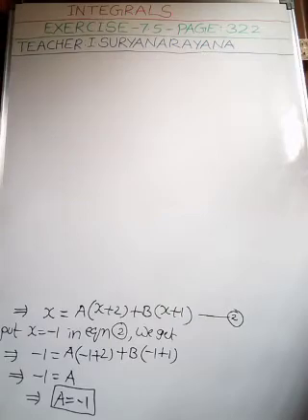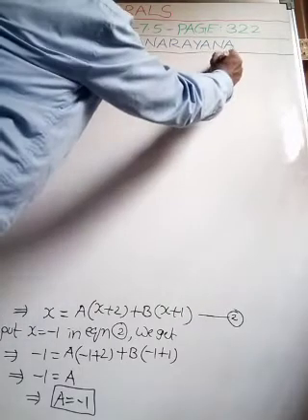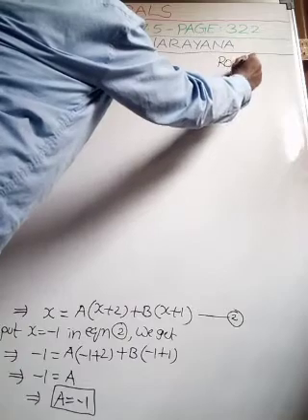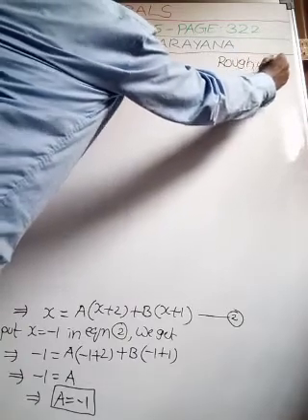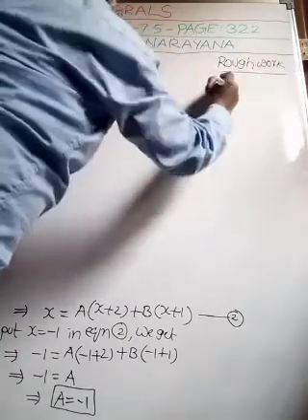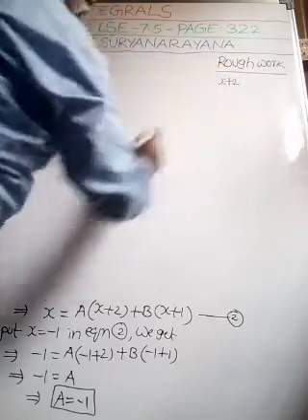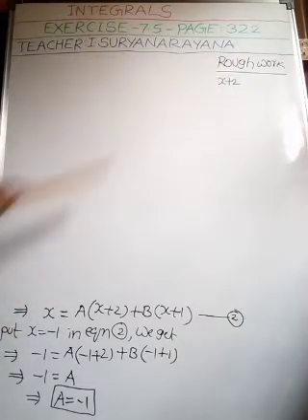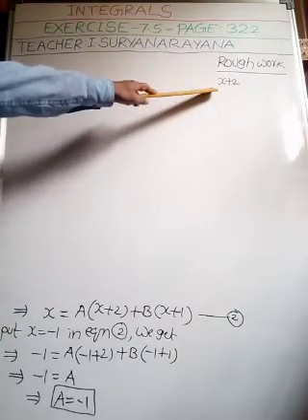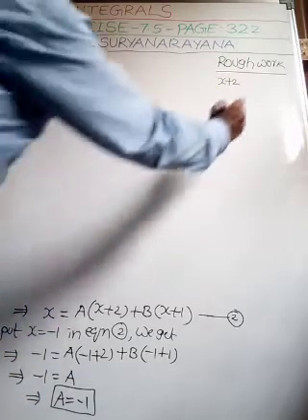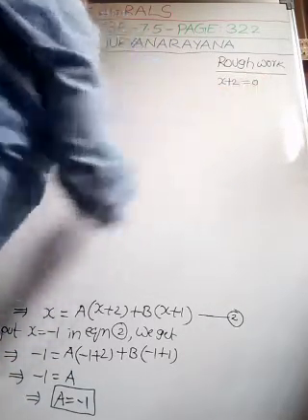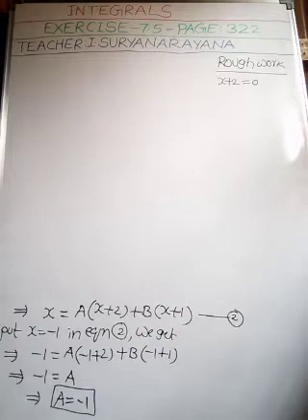In rough work, write the second linear factor, x plus 2, is equal to 0. We write this equation to find the value of x. As we followed to find the value of a, we follow the same steps here.